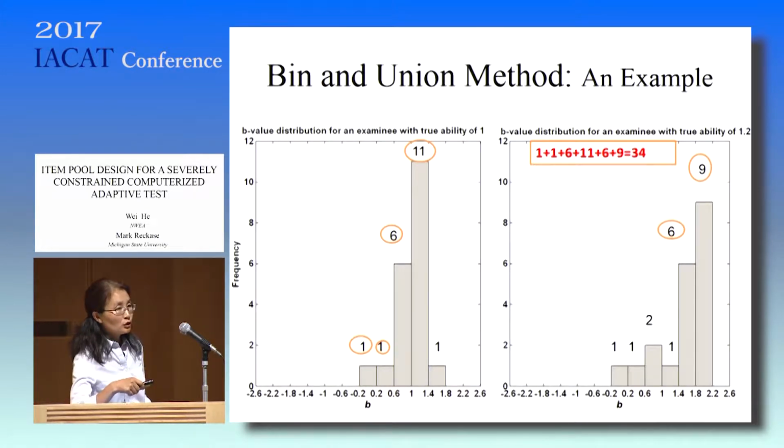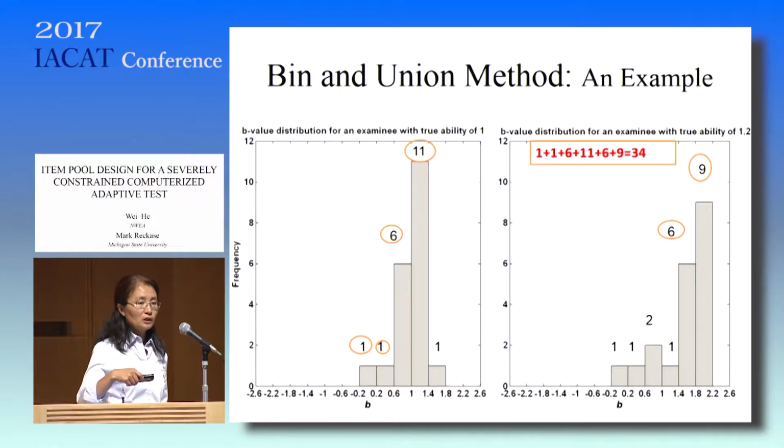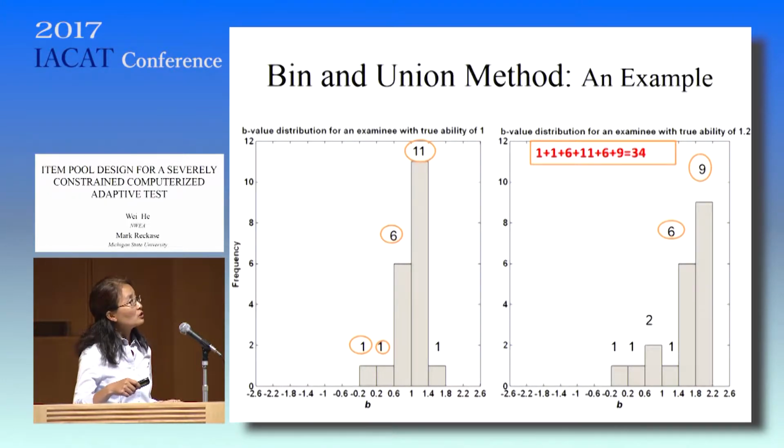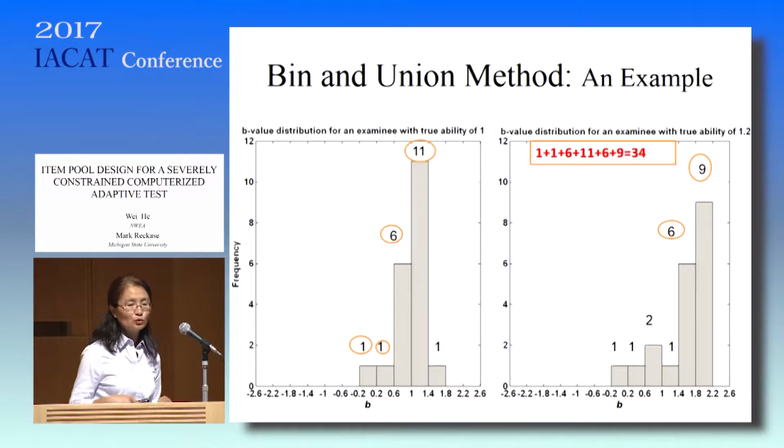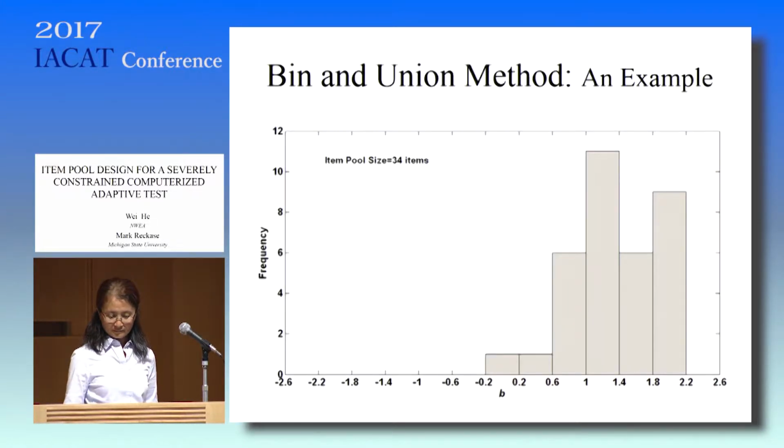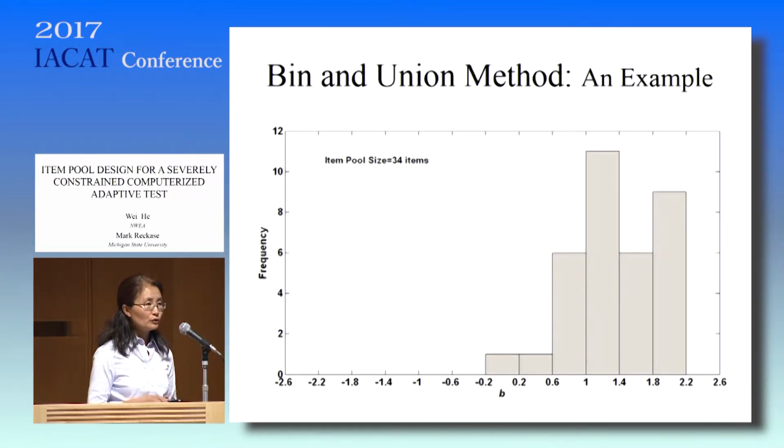So if we take the union of the number of items in each bin, then rather than 40 items that are administered to each examinee, we just need 34 items for those 2 examinees. Note the simulated CAT has only 20 items. So this is the item distribution for the item pool designed for those 2 examinees.